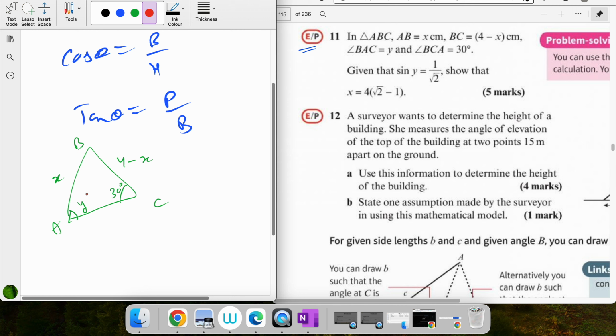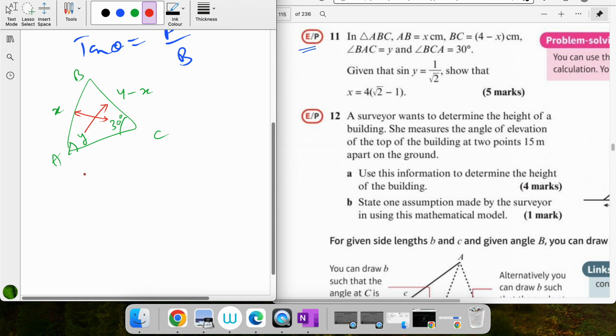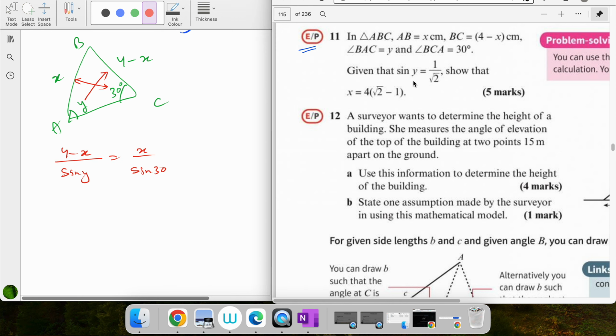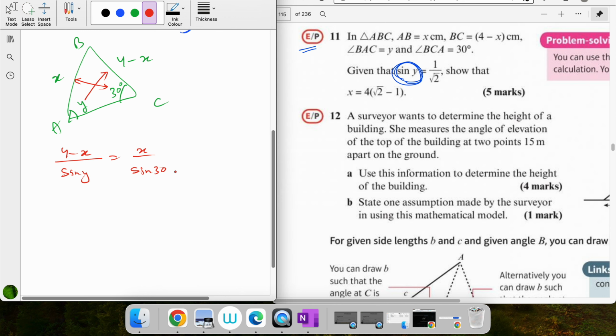We can see that we have these two pairs which are known, angle and side, so we use sine rule. 4 minus x over sine y is equal to x over sine 30. The question says sine y, so to make sine y my subject: sine 30, when I punch this in the calculator, I get 1 by 2.